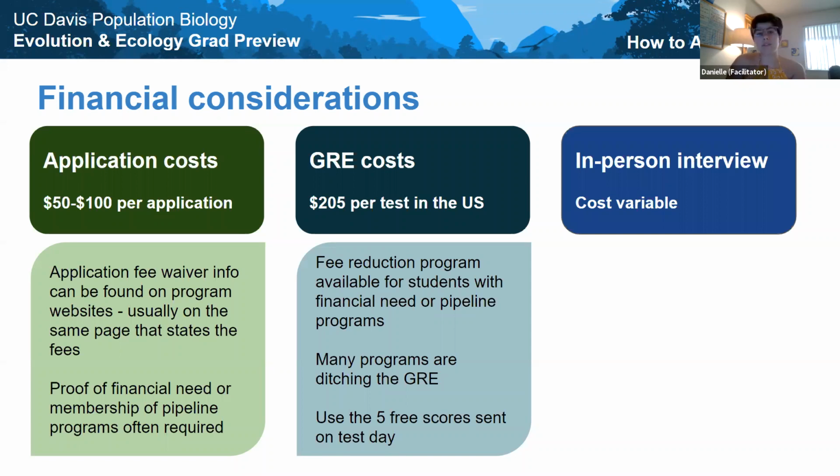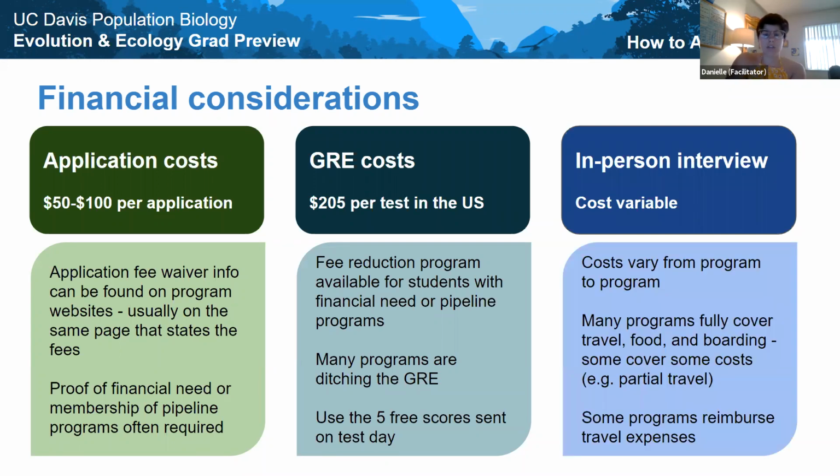And finally, the in-person interview process can vary anywhere from partially to fully paid for by the program. So the cost varies from program to program. While some programs will fully cover travel, food, and boarding, some will only cover partial, such as partial travel.